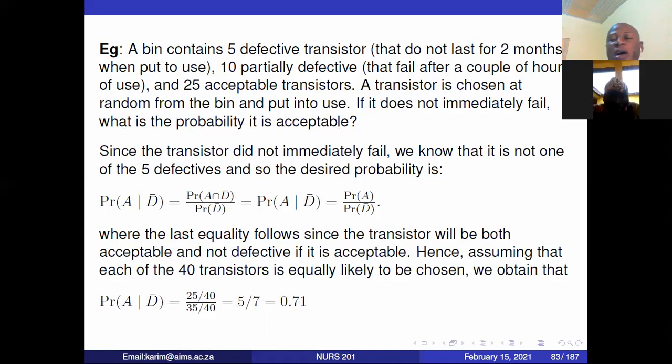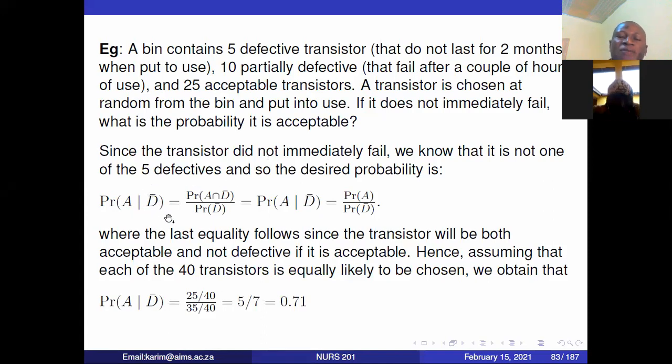So here, what you have to first do is formulate your probabilities. Let A be the event that the transistor is acceptable. And then let D be the event that the transistor is defective.